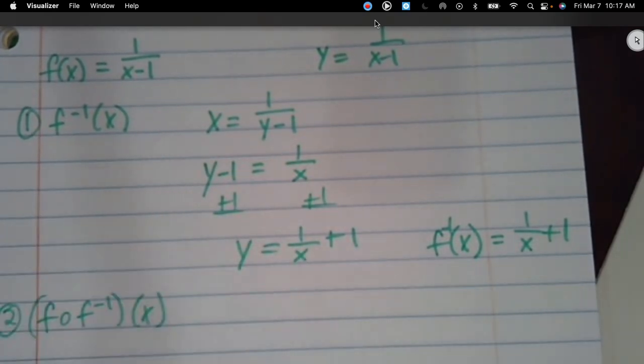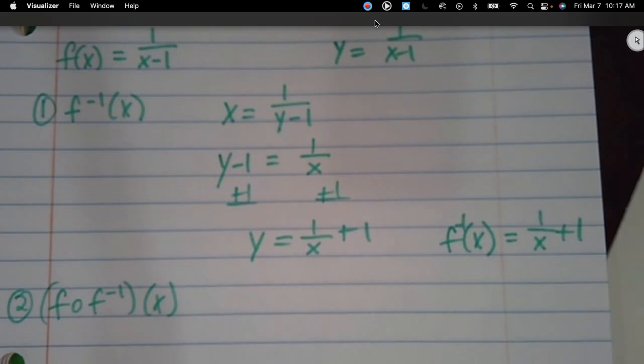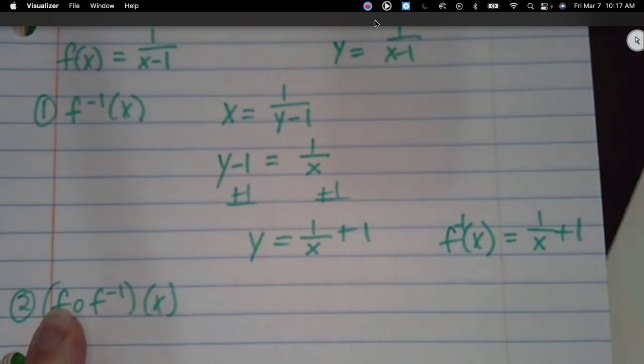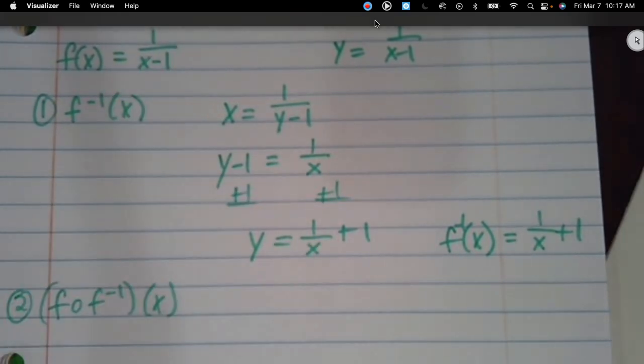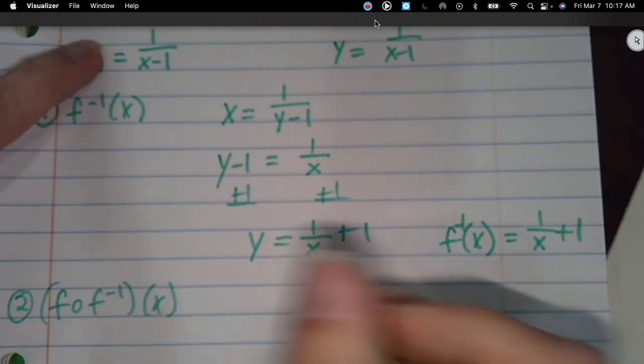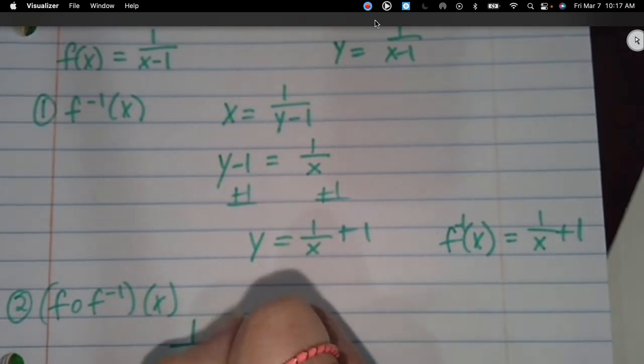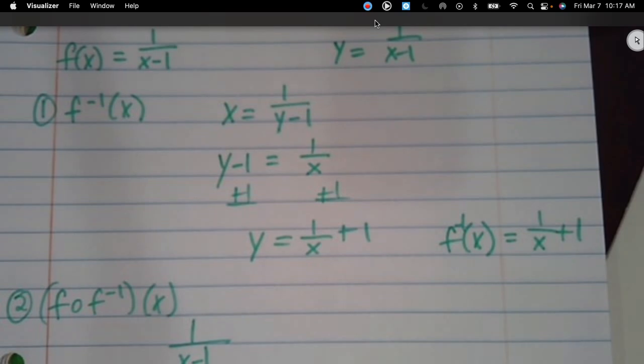How do you find f of f inverse of x? You plug the second one, this f inverse, into the first one. I'm going to plug this into that. Okay? So watch. Instead of writing 1 over x minus 1, I'm going to replace my x.